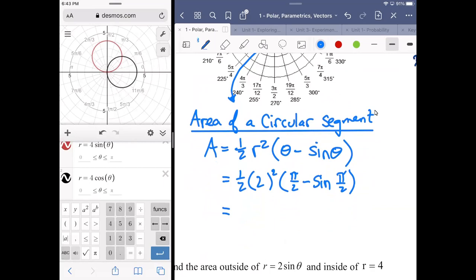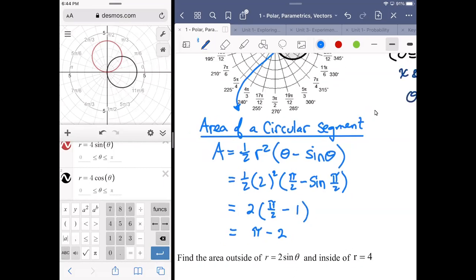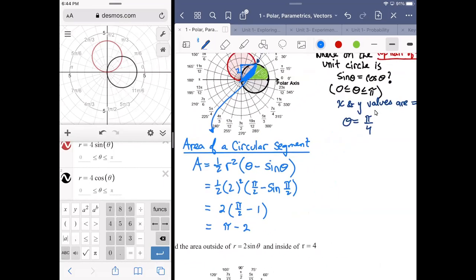All right, so we're looking at 2 here. Pi over 2 minus sine of pi over 2 is 1. So we have, and I'll clean it up, pi minus 2. That's the area of that circular little nugget there. Now we want to double it in order to get that almond piece. So we're going to double it.